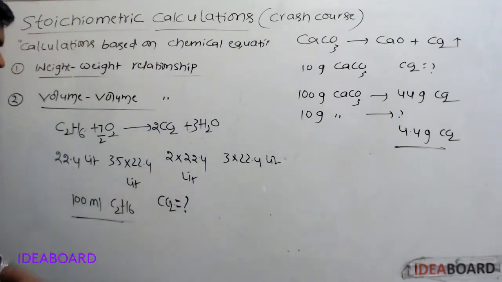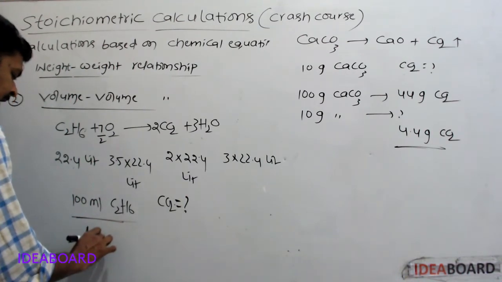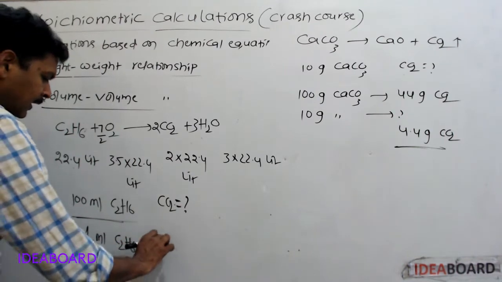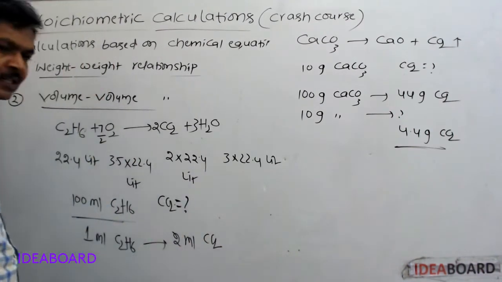200. Directly we can tell, during the combustion of 1 milliliter of ethane, 2 milliliters of CO2 gas will be liberated.